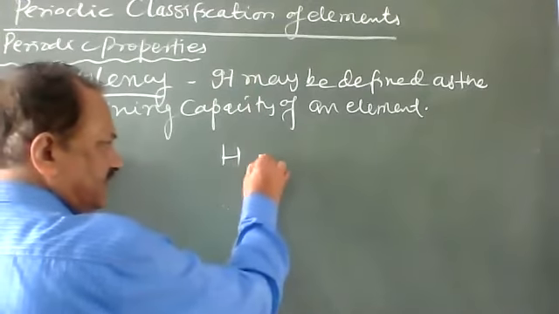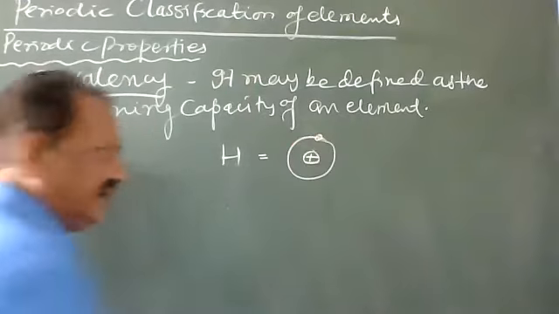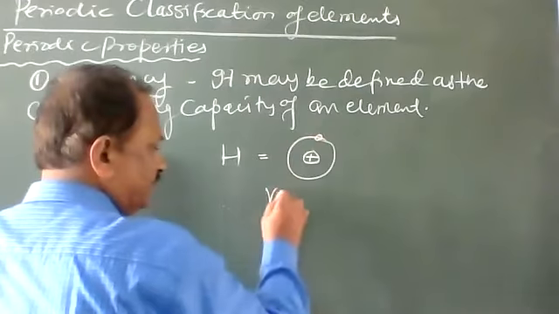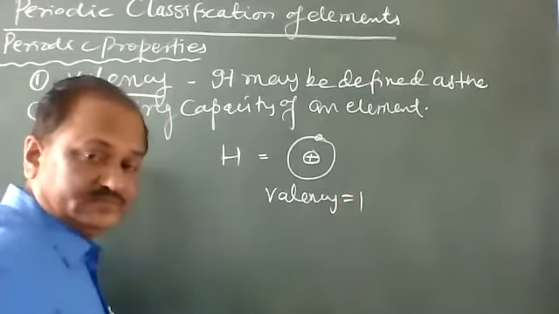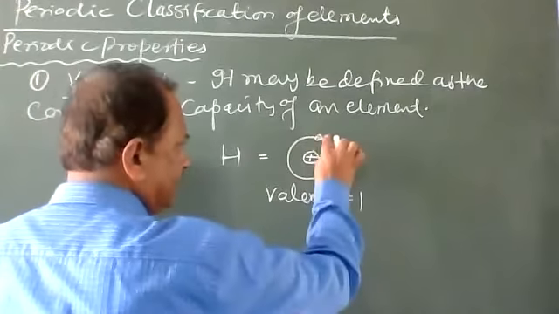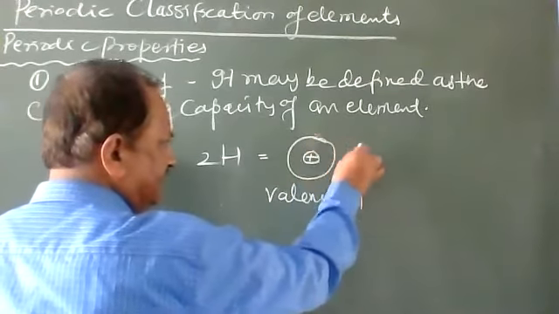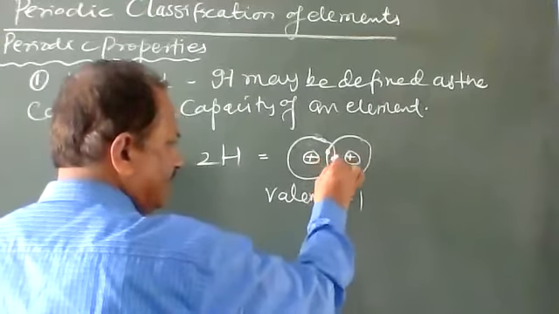See here, this is the electronic configuration of hydrogen. So here the valency is equal to 1. Similarly, two hydrogen atoms can combine in this manner, like this, with the other atom like this.